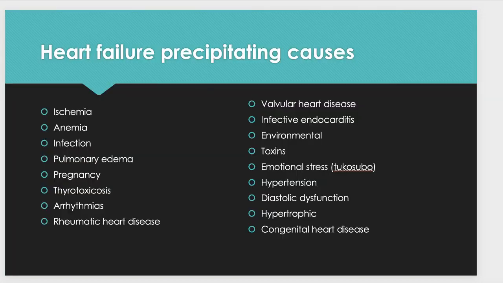Heart failure can be precipitated because of many causes. The most prevalent is ischemia of the heart, but we can see heart failure symptoms in patients that have anemia, infection, pulmonary edema, pregnancies, issues with the thyroid, arrhythmias, rheumatic heart disease, valvular heart disease, infective endocarditis, environmental causes, toxins, stress, which is called Takotsubo, hypertension, diastolic dysfunction, which is when the heart doesn't relax.